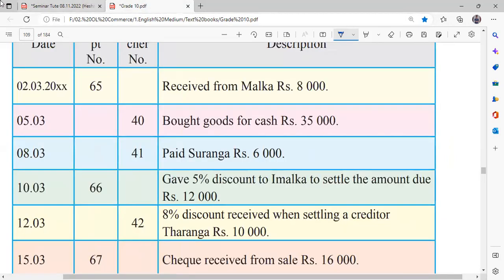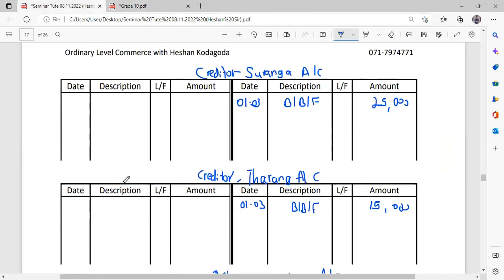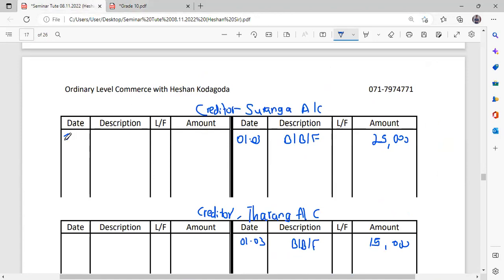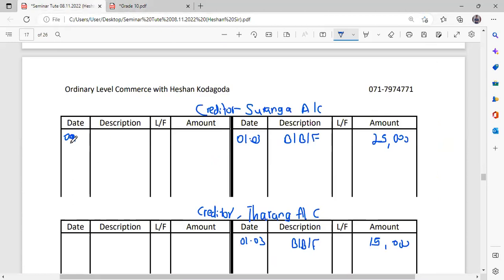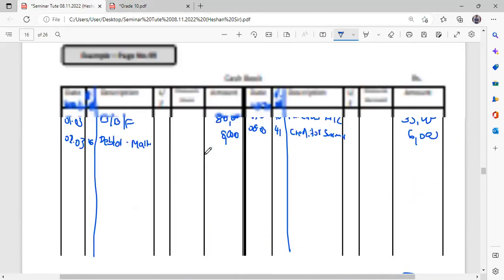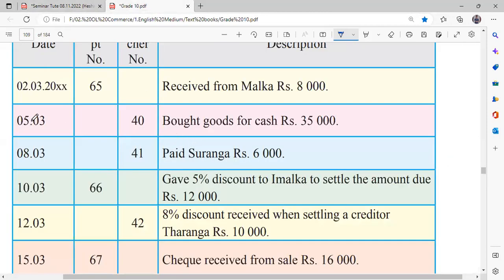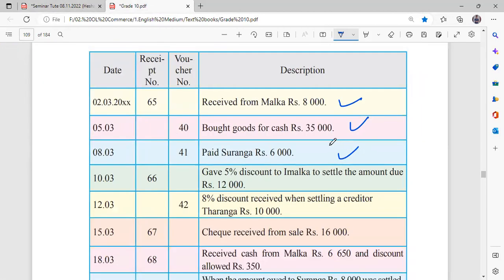This is creditor Suranga's account. March 8, cash book 6,000. No discounts received. Finished. Now the other one.